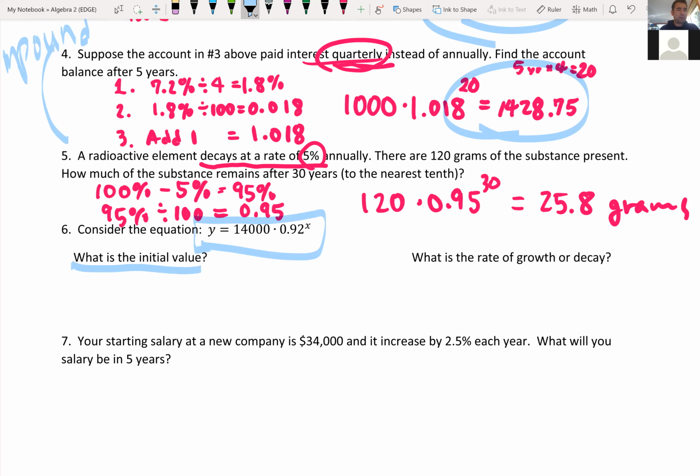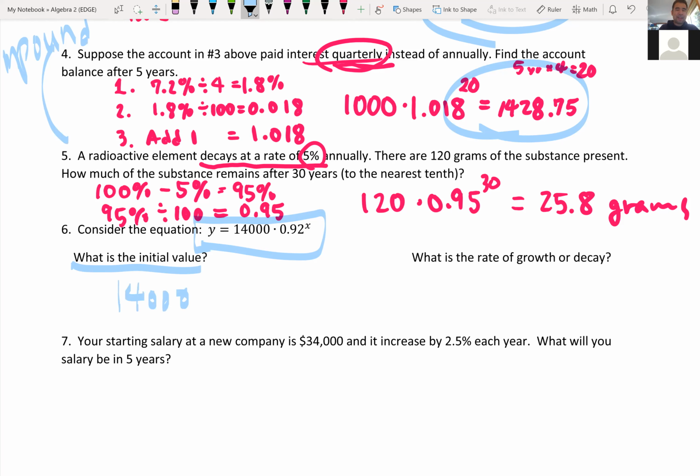What's the starting number? Can you tell me that if you look at the equation? The starting number is going to be 14,000. I don't even know what we are talking about. Maybe 14,000 people or $14,000. We don't really know. There's no story behind it. But the initial starting number is 14,000.